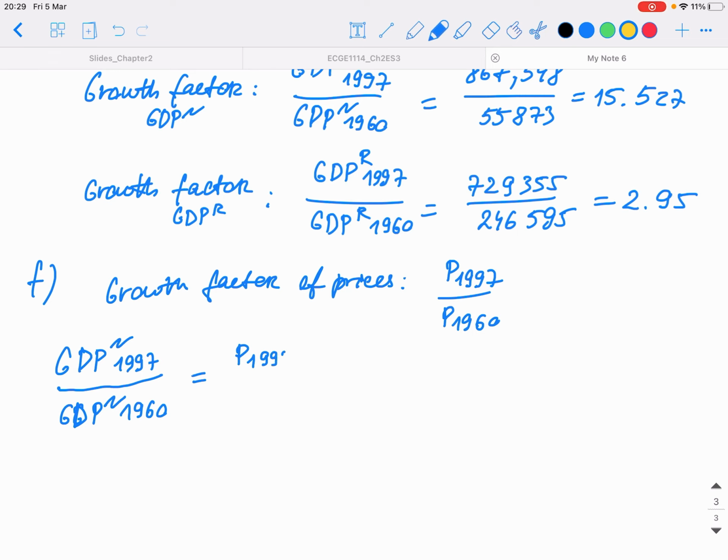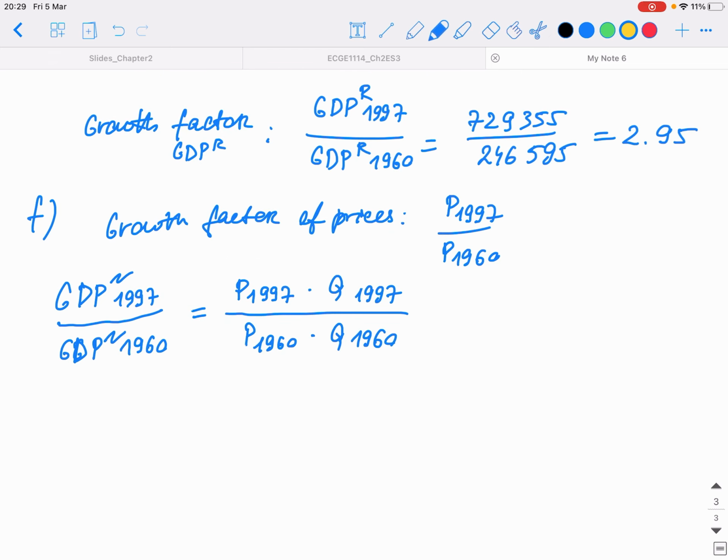So that's prices of 1997 times quantity of 1997, which is GDP at current prices, and the same for GDP at 1960. Then we do the same for real GDP, 1997 and 1960.